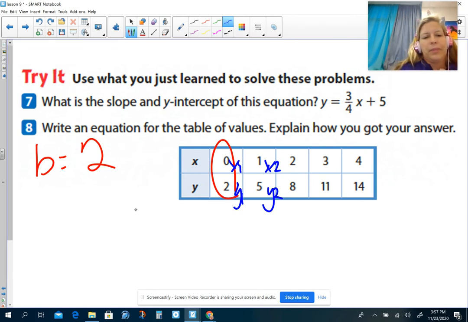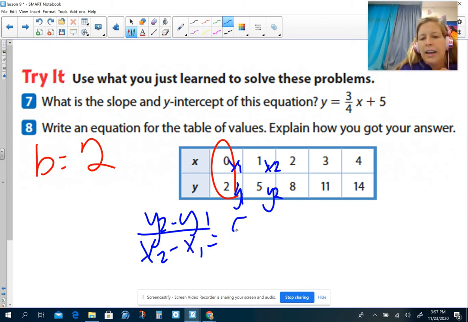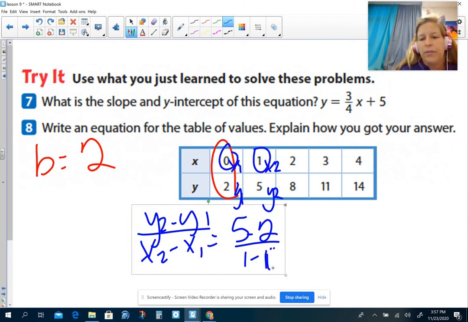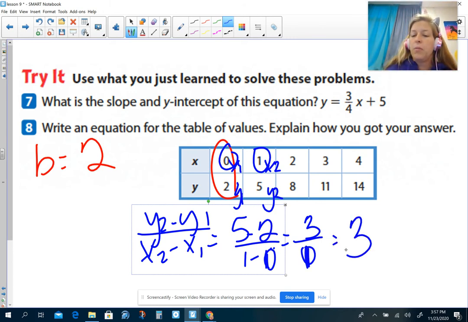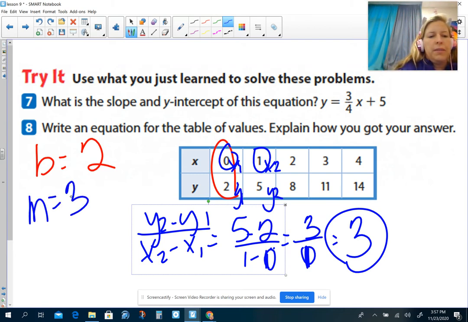Let's plug it in. We've got y2 minus y1 over x2 minus x1. And I get 5 minus 2 over 1 minus 0. And I get 3 over 1. Silly. 3 divided by 1 is 3. So my slope is 3.